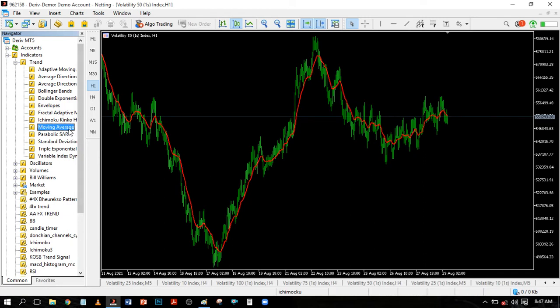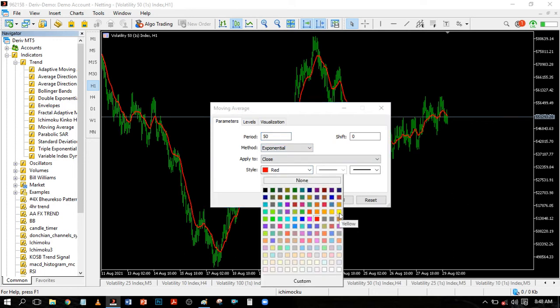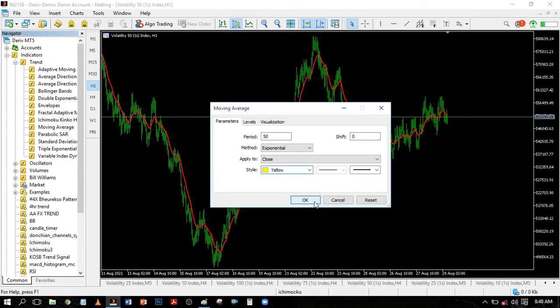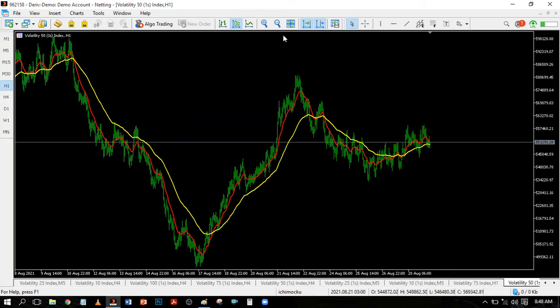Then the next indicator is 50. I usually like to use exponential for all my indicators, so both the 13 and the 50 are exponential moving averages. So that is that.